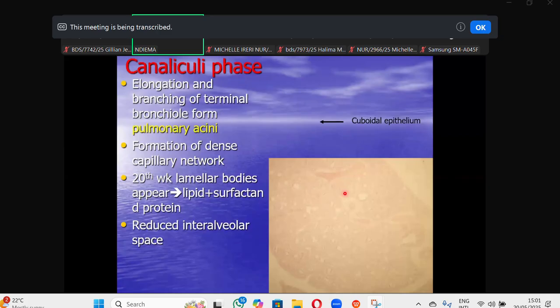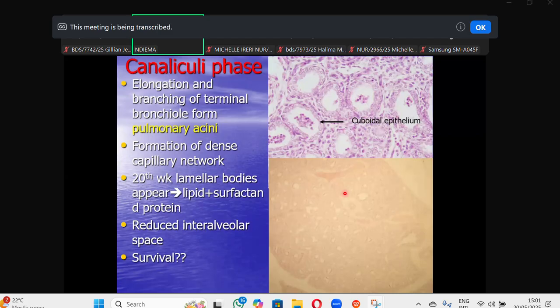Then by the 20th week, we have the secretion of surfactant, and lamellar bodies are observed in the type 2 pneumocyte, but they are not adequately produced until about the 24th week of development. So this shows cuboidal epithelia lining the canals.